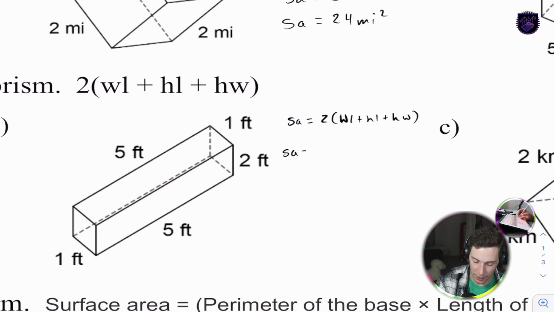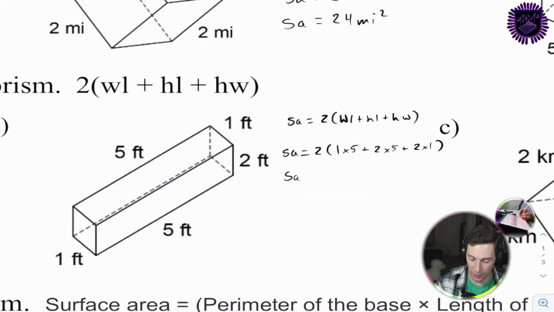So surface area will be equal to width and length, 2 times 1 times 5, plus height and length, 2 times 5, plus height and width, 2 times 1.